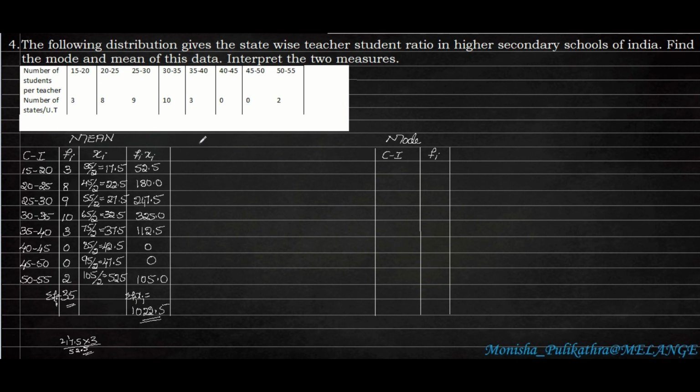Now we need to find the mean. The mean is given by the formula x bar is equal to summation Fi xi whole divided by summation Fi. So summation Fi xi is 1022.5, whole divided by summation Fi, which is 35. In order to remove the point, I will take 10225 divided by 350.